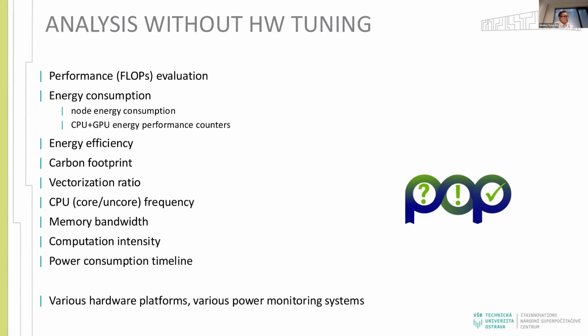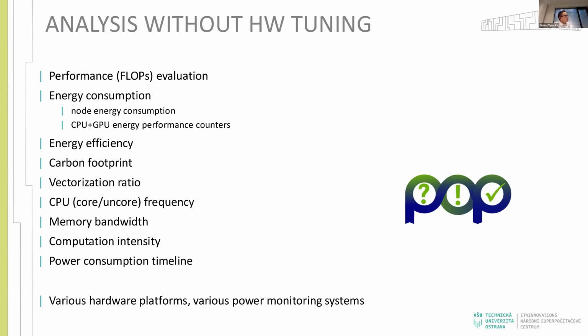Then what's the carbon footprint of your execution, based on the location of the system you are using for the analysis. Vectorization ratio, typically very important especially for Intel CPUs, but not only. On ARM machines, this is also very important.